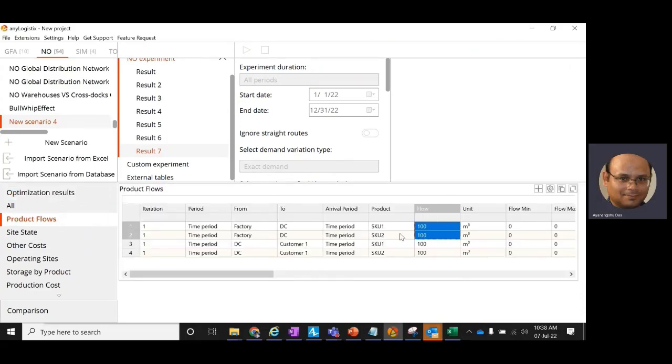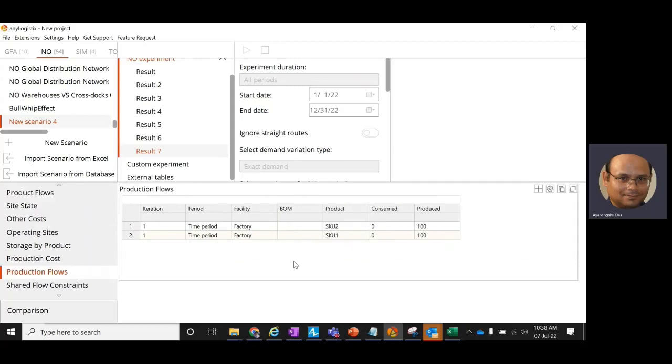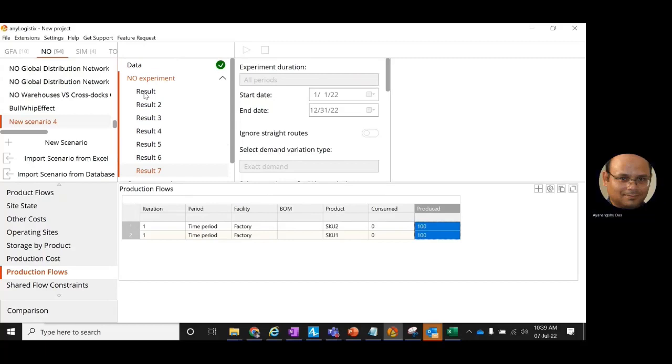That's why for SKU2, the demand was 110, but it has only produced 100, because the total capacity of the factory was 200. We can confirm that in the production flows table as well, where the product produced quantity is 100 for each of the SKUs.